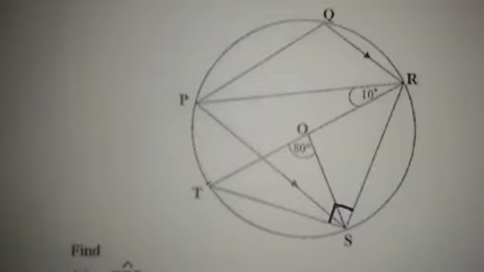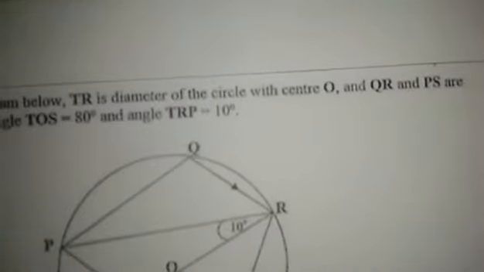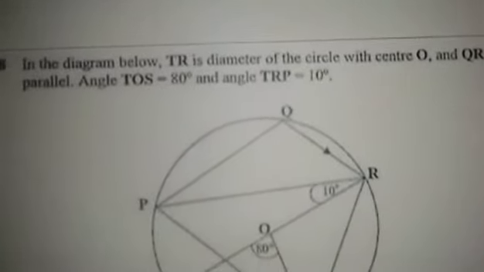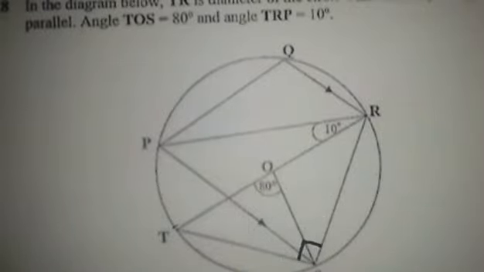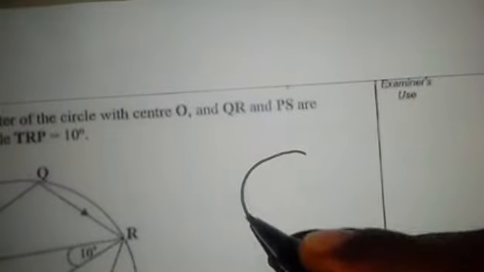Right, then from there the angles we were given are 80 degrees and 10 degrees. Yesterday, if you looked at the theorem, the angle subtended by the same arc: the angle at the center is twice the angle at the circumference.